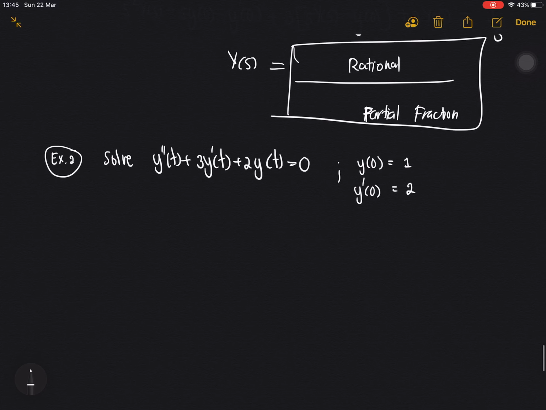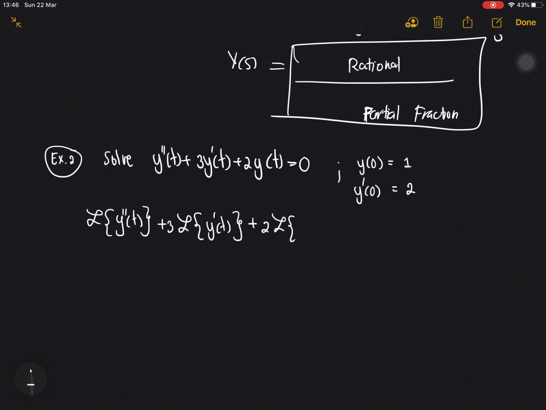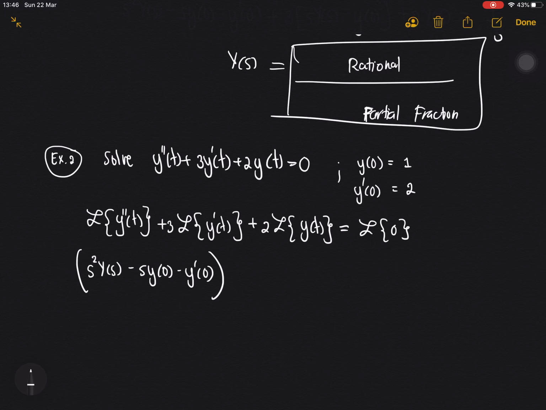So you have to find the Laplace transform for the y double prime(t). Basically, you have to find it for every term, right? The constant here can be brought to the front, so you will have this one. The Laplace transform of 0 becomes 0. So the first one, you have y double prime(t), so that becomes s squared Y(s) minus s y(0) minus y prime(0), right? That's for the first one, done.